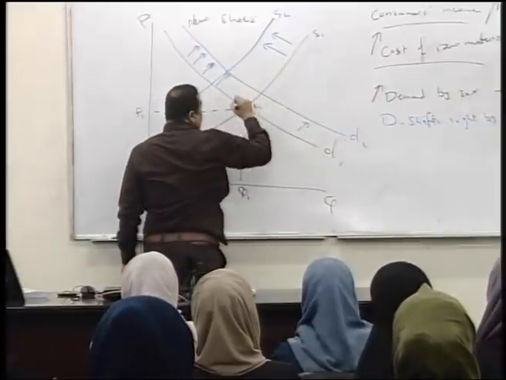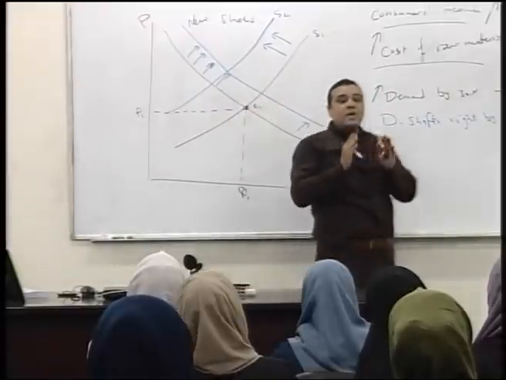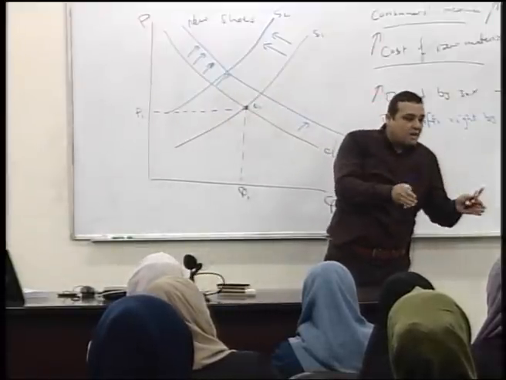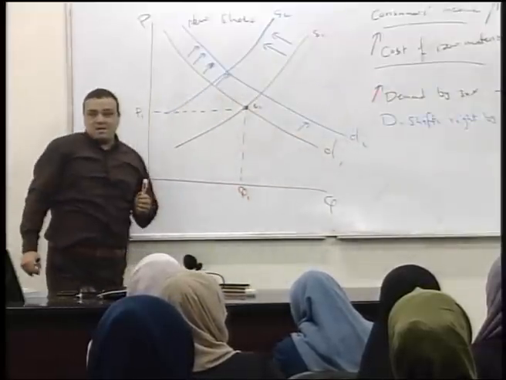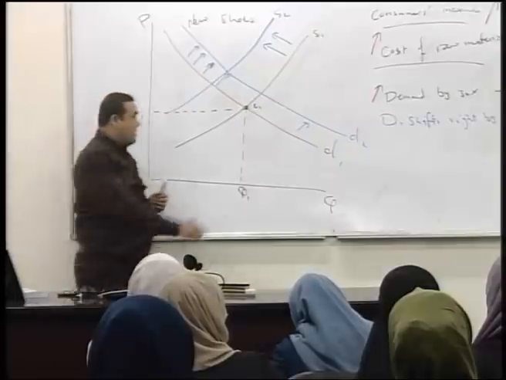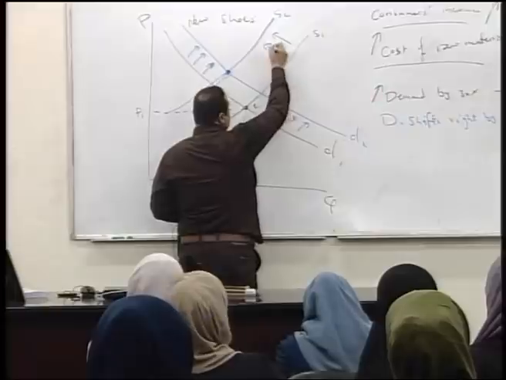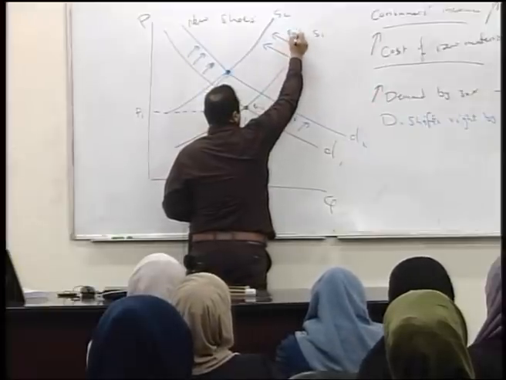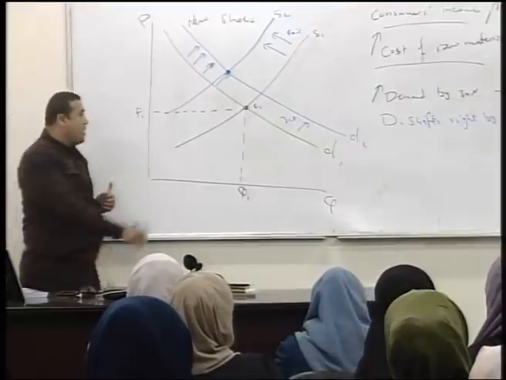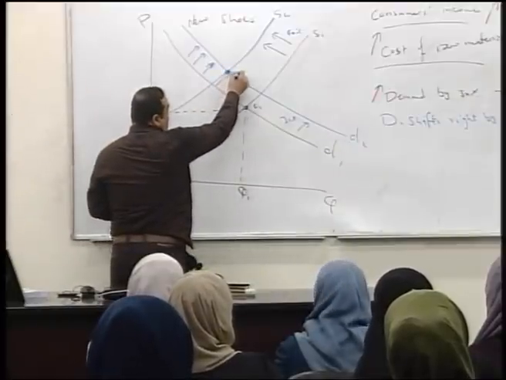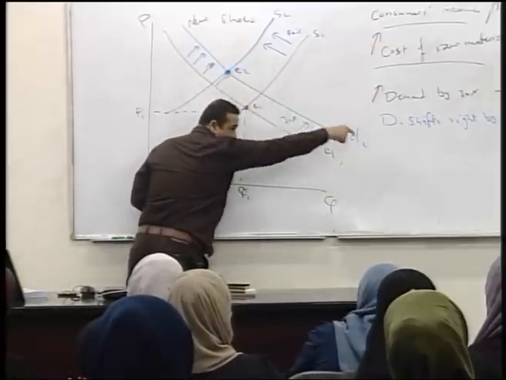We have a new equilibrium point at which the new supply curve intersects the new demand curve. Here the magnitude equals 30%. The magnitude here equals 50%. Right? So here we have a new equilibrium point, which is A2, at which supply 2 intersects demand 2.